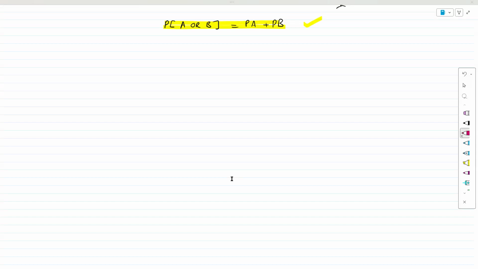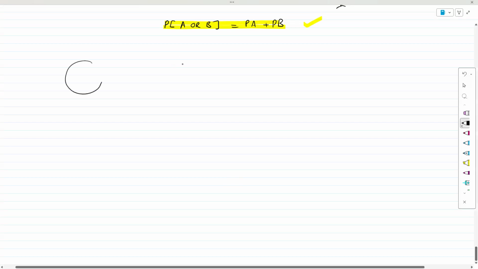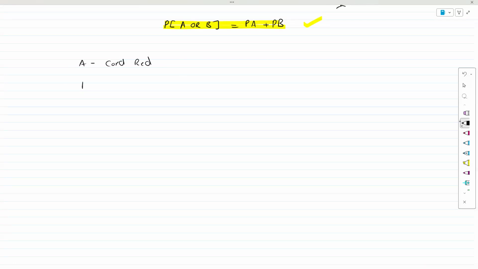Is this event mutually exclusive? No, it's not, because you can pick a red card with a picture on it.